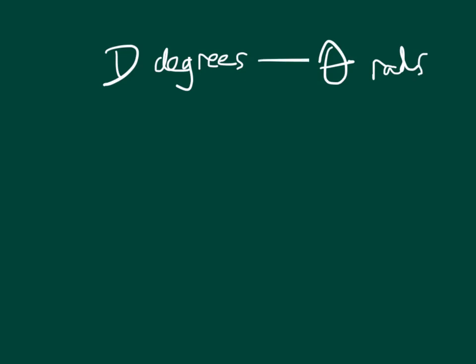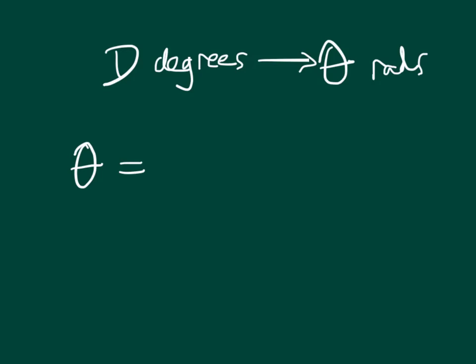So we have D degrees, and I'm going to call it theta radians, and I'd like to convert that, meaning I'm given the degrees, and the result of my formula needs to be radians. I want to say theta equals, well, we know that theta is some fraction of 2 pi.